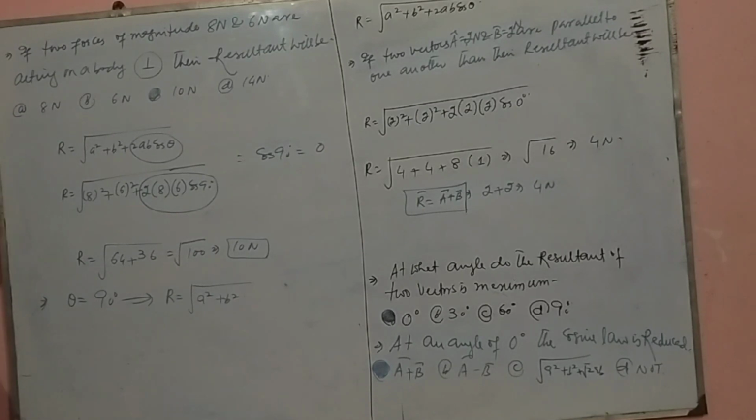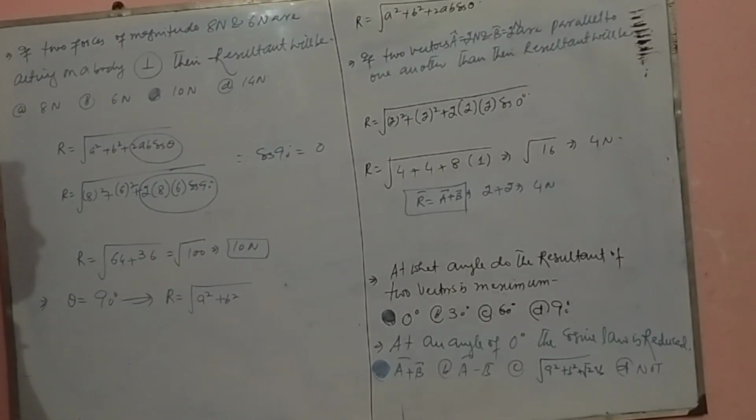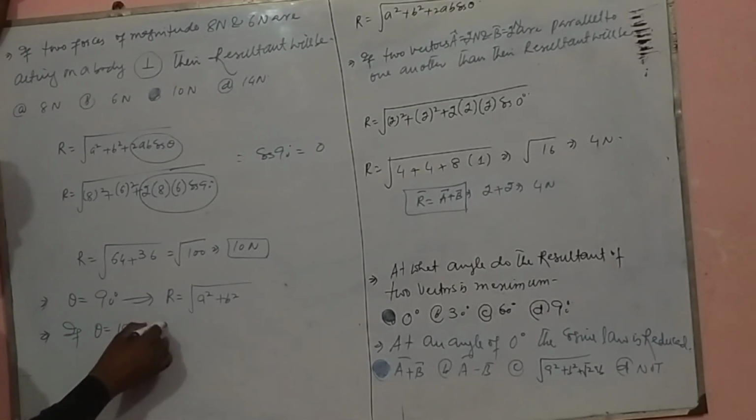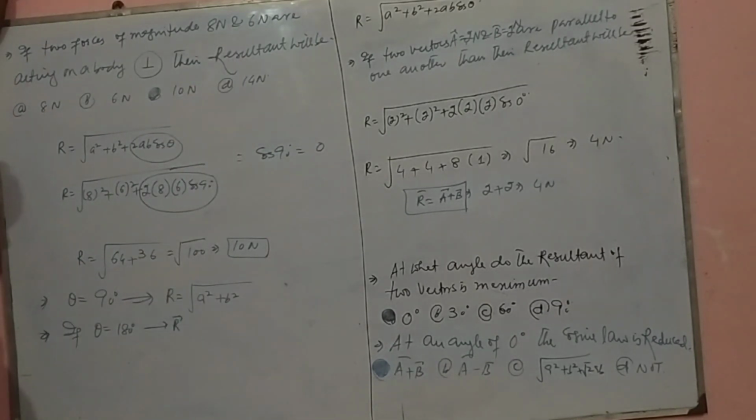Okay, and after that, if the angle between two vectors is 180 degree, then what will be the resultant? In this condition, what will be the resultant?